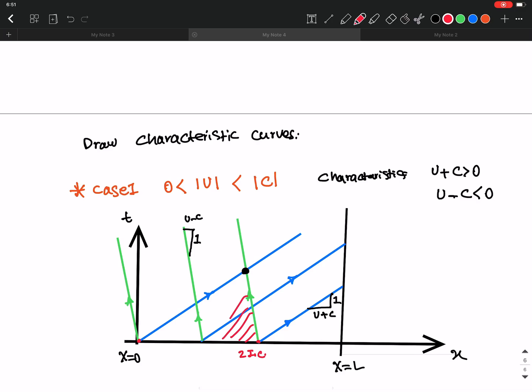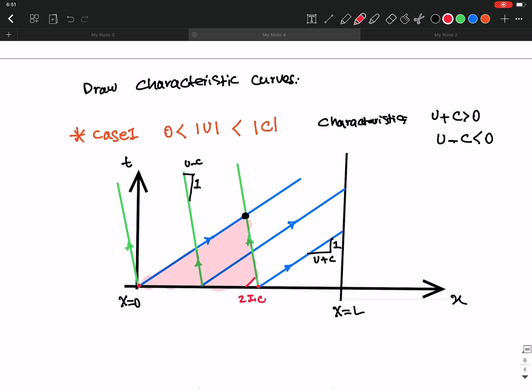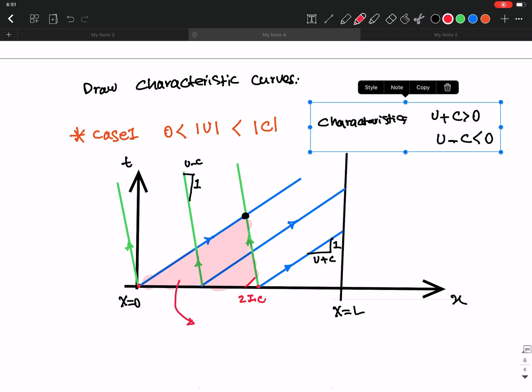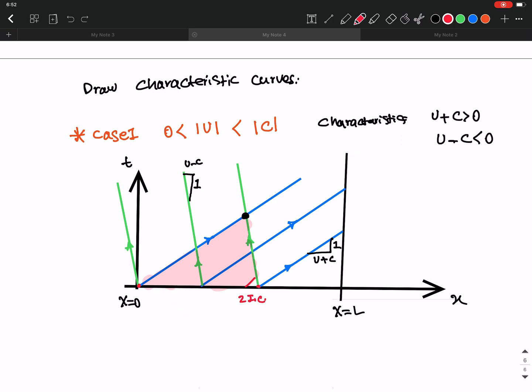So I can write that this space is what we call the domain of dependence for this point in the space, right?